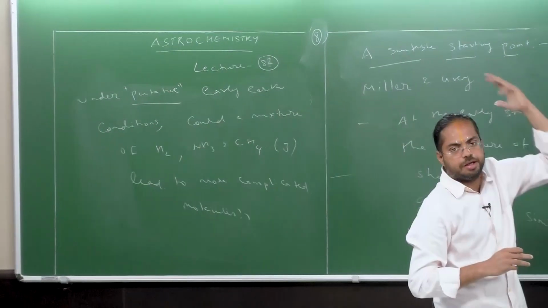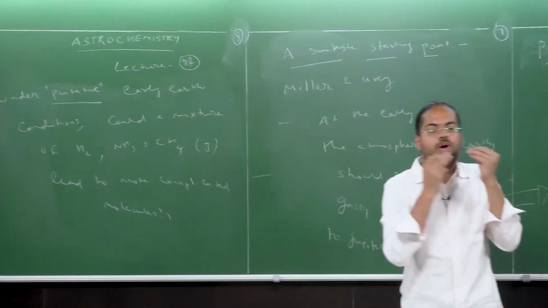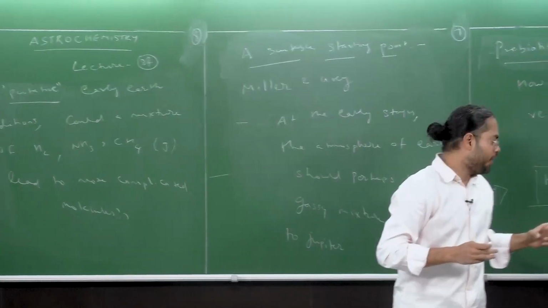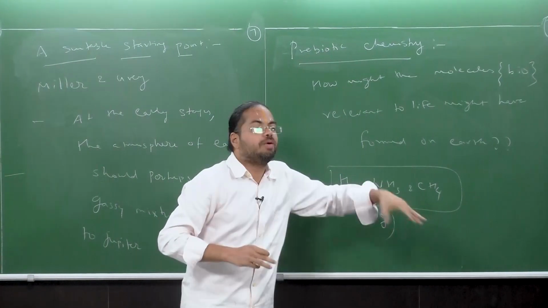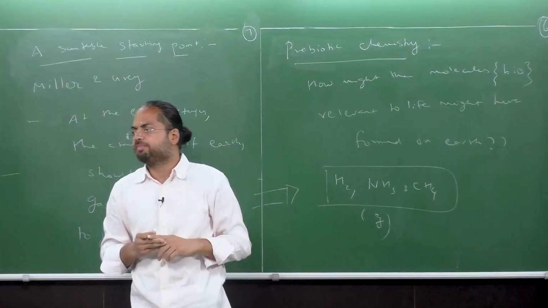We're talking about the RNAs, DNAs, etc., starting from very humble beginnings, molecules containing 2 atoms, 4 atoms, and 5 atoms. Is it even possible?